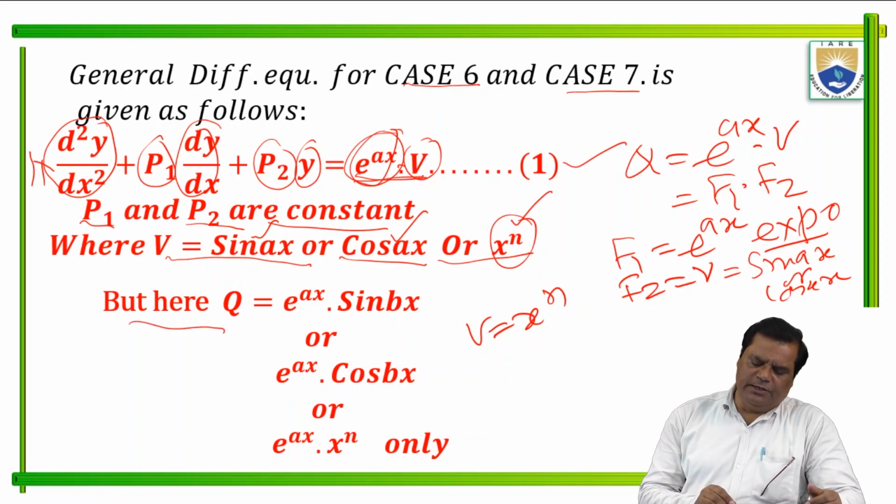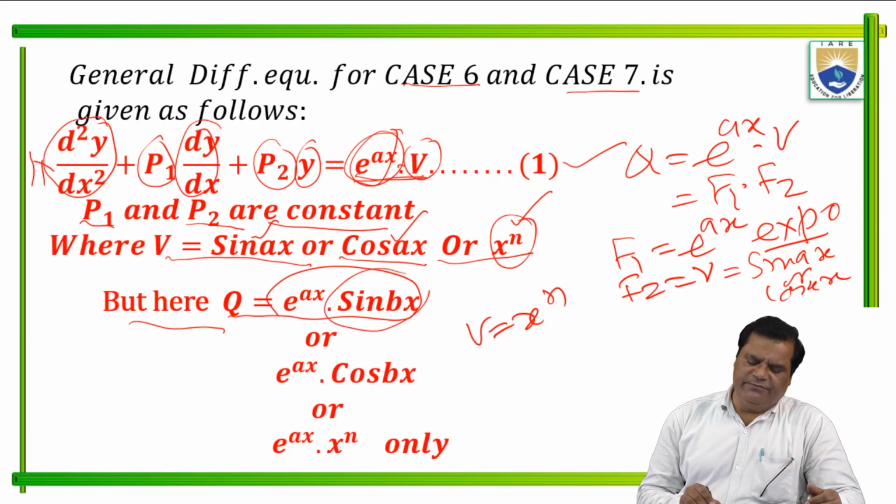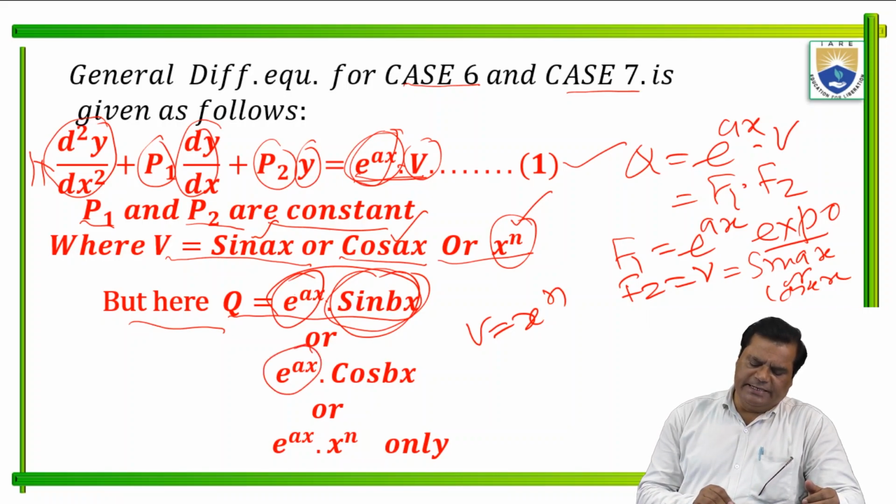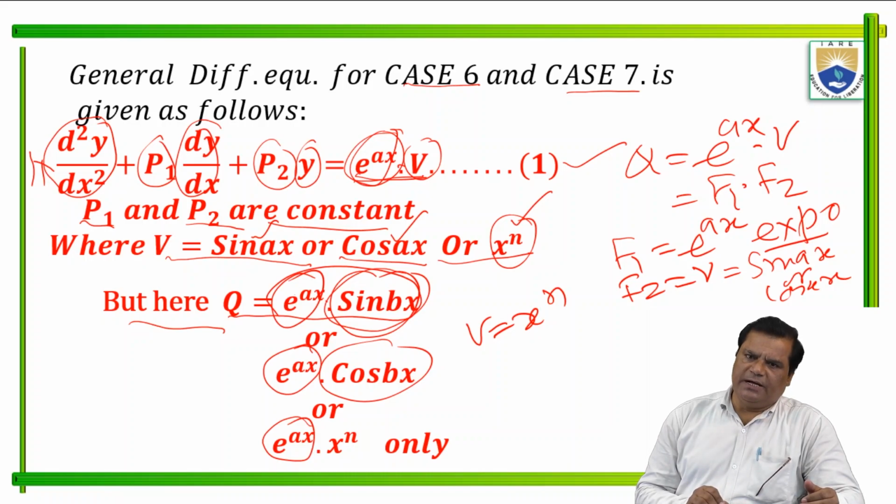So here Q equals e to the power ax and sin bx. This is an exponential function and this is the trigonometrical function sin bx, where a and b are numbers. Next one is e to the power ax into cos bx. In this function also a and b are numbers. Last is e to the power ax into x to the power n, where a and n are numbers.